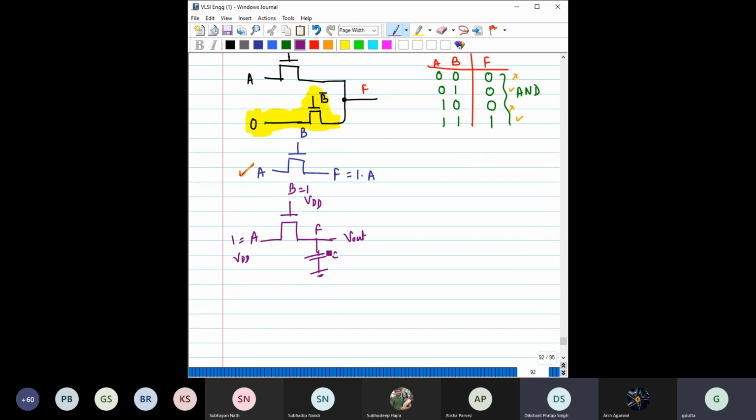Okay, very good. So here, see, I have applied VDD here and VDD here because we are saying both A and B are at logic 1. So this is the gate, this is the drain, this is the source, right? Initially this capacitor was discharged.